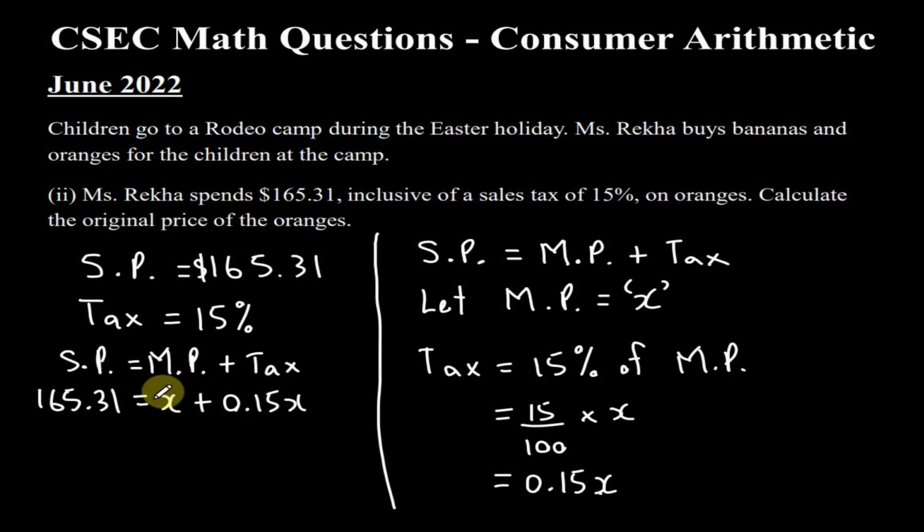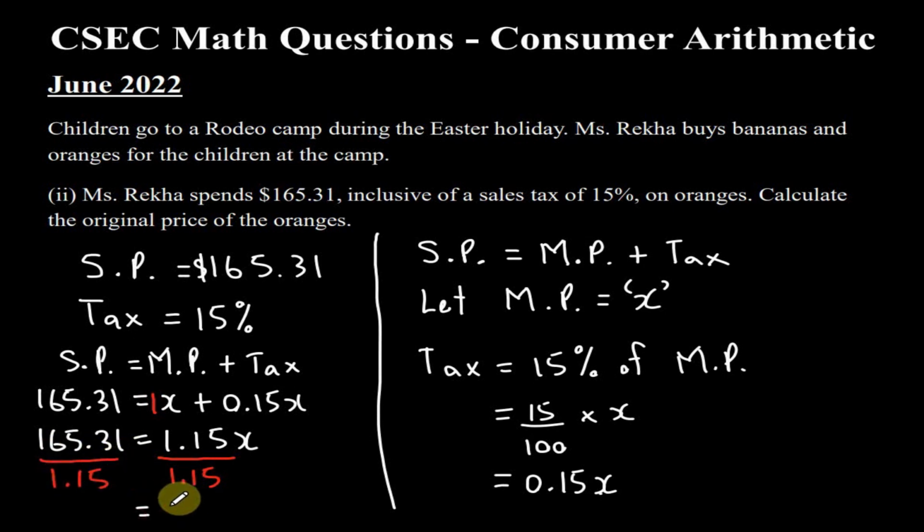And please note that x is the same thing as saying 1x, which means we can simplify the right hand side here because we have like terms. So 1x plus 0.15x will give us 1.15x. And since we want to make x the subject here, we can divide both sides by 1.15.